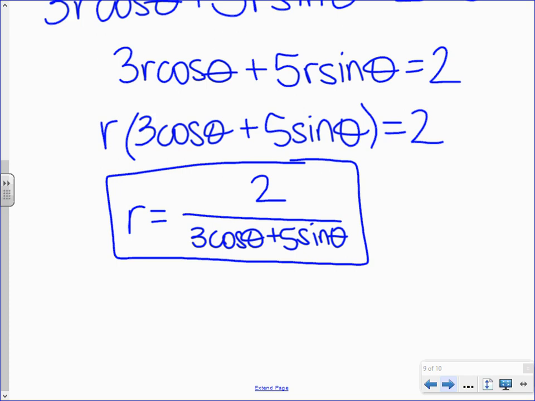Plot a point over here and have your partner name that point in 4 different ways. There's 4 different ways to write it. So plot a point and then exchange papers and see if you can name each other's points. All right? 1, 2, 3, go.